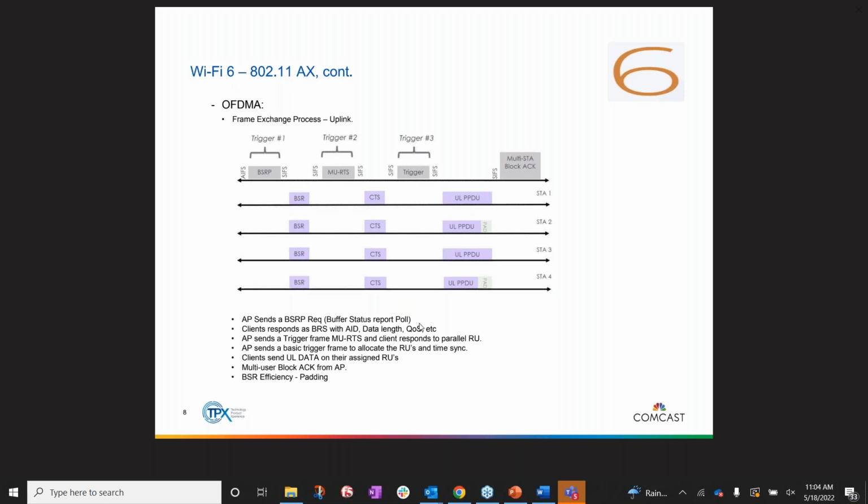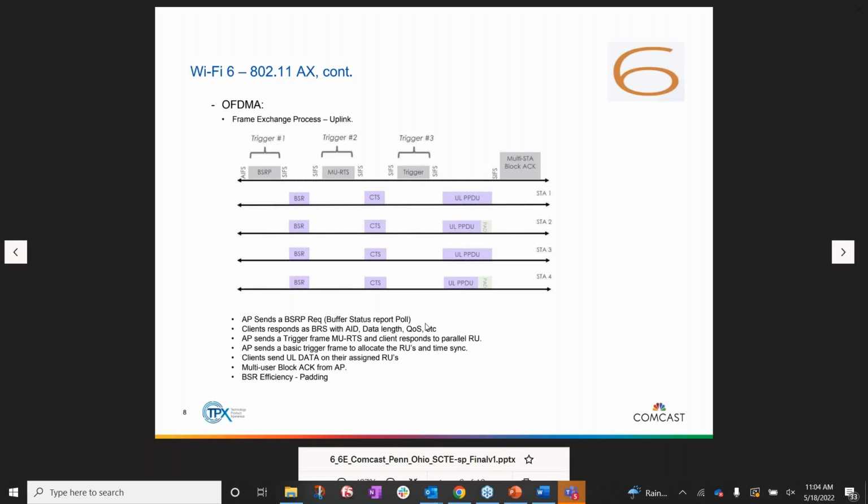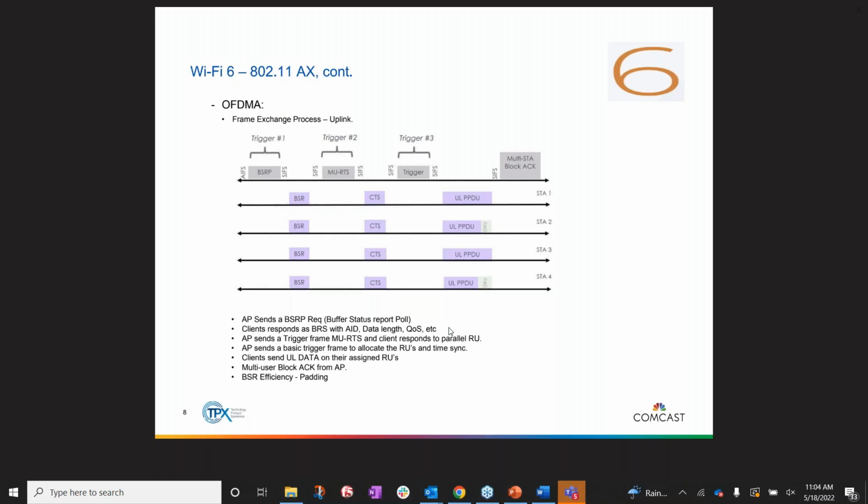Then the station will respond back with the BSR. Basically, it tells the AP its association identifier, the amount of data available, and what type of traffic it is going to send if allowed. So all this information will be sent in the BSR. Now the AP has the information about which client has which data and how much data, and next it will send a trigger frame as a multi-user RTS.